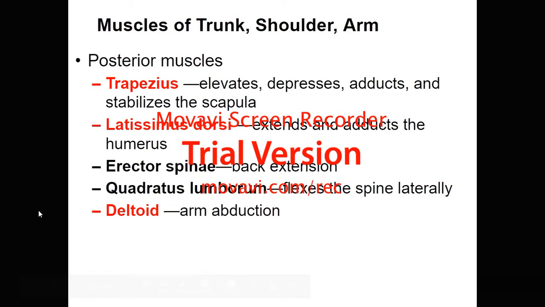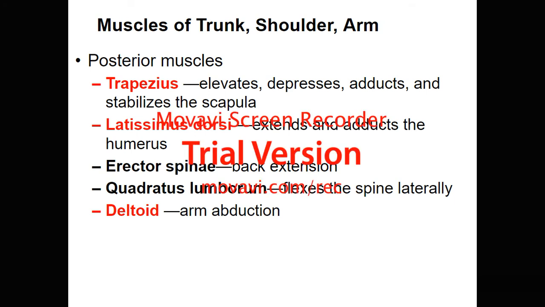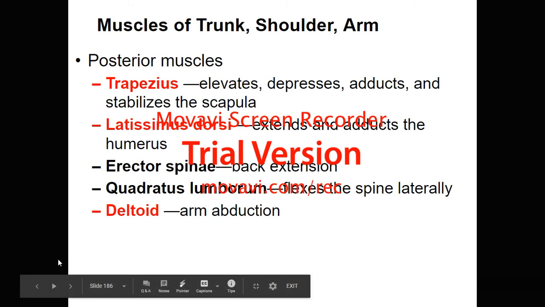All right, posterior muscles: trapezius elevates, depresses, adducts and stabilizes the scapula. Latissimus dorsi extends and adducts the humerus. Erector spinae, back extension. Quadratus lumborum flexes the spine laterally, and your deltoid, arm abduction.